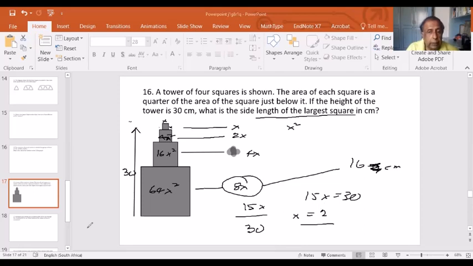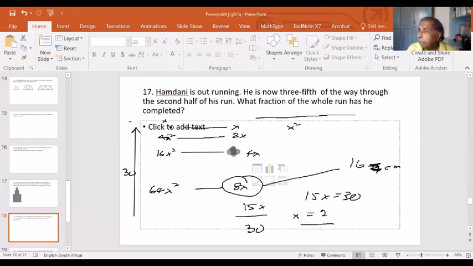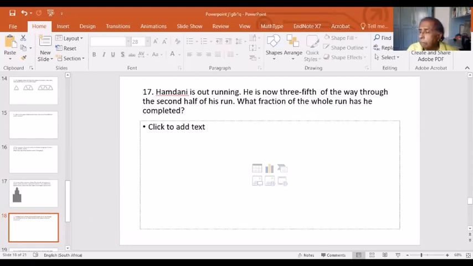All right, now let's get on to problem number 17. Okay, Hamdani is out running. He is now 3/5 of the way through the second half of his run. Now we have to interpret that.